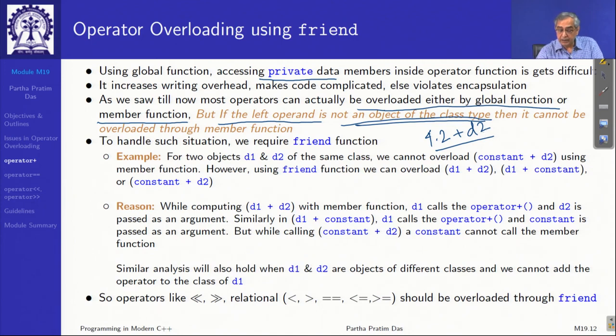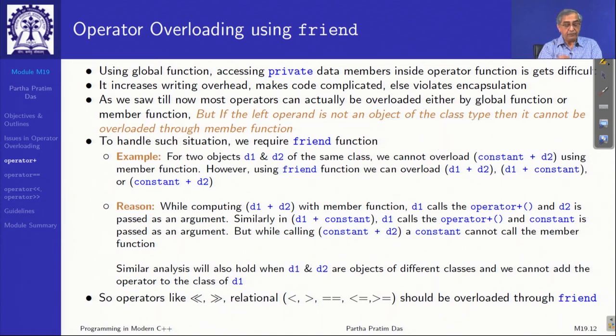To handle such a situation, we can make use of the friend. Now, let us say there are two objects d 1 and d 2 of the same class. We cannot overload constant plus d 2 using the member function. However, using friend I can do all three of them, because I could do them with a global function.